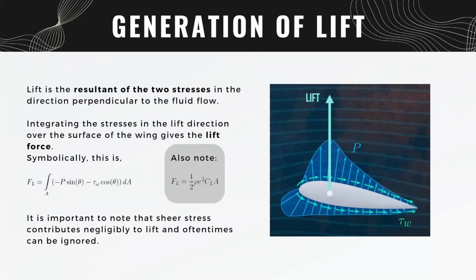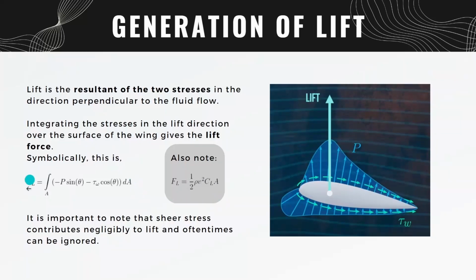Now, as we saw that lift is a resultant of two stresses, and lift itself is in the direction perpendicular to any fluid flow. What we can do is integrate these stresses in the lift's direction, which is perpendicular to the wind, for example, as shown by these background lines. We get lift force.